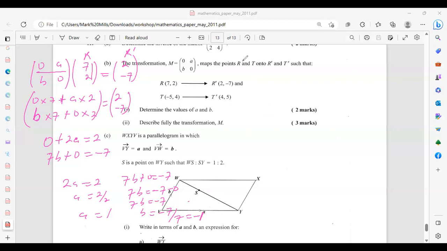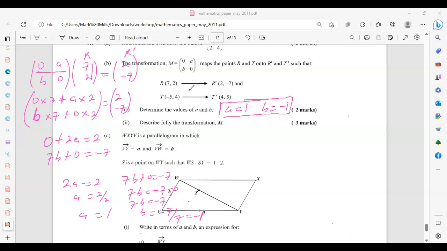So they asked me to write the value of A. My A is 1 and my B is equal to -1. As simple as that. And if you work out the other one, you get the same result. You should get back the same thing.